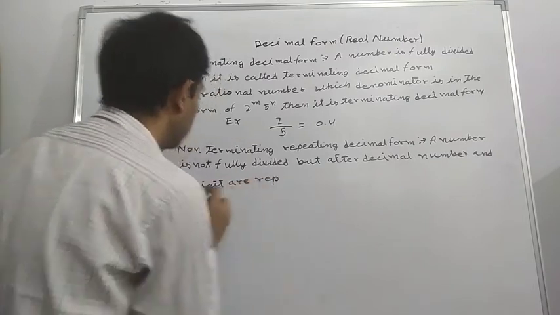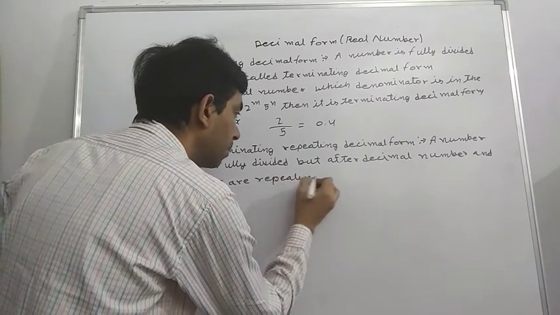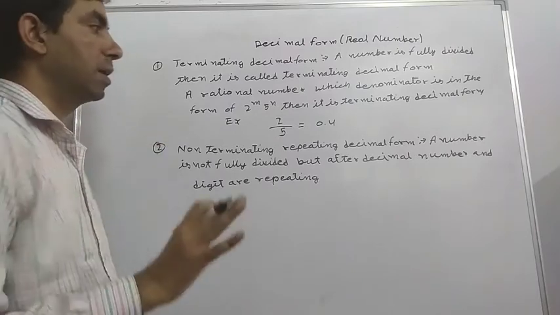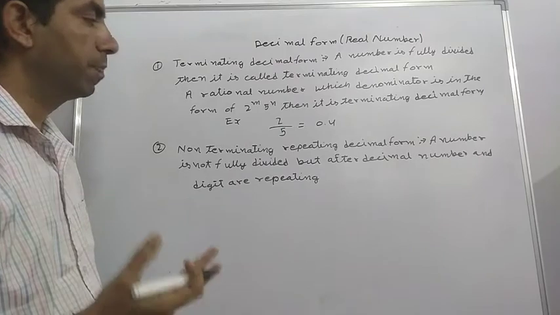This means a number is not fully divided, but after the decimal, a digit or number is repeating.